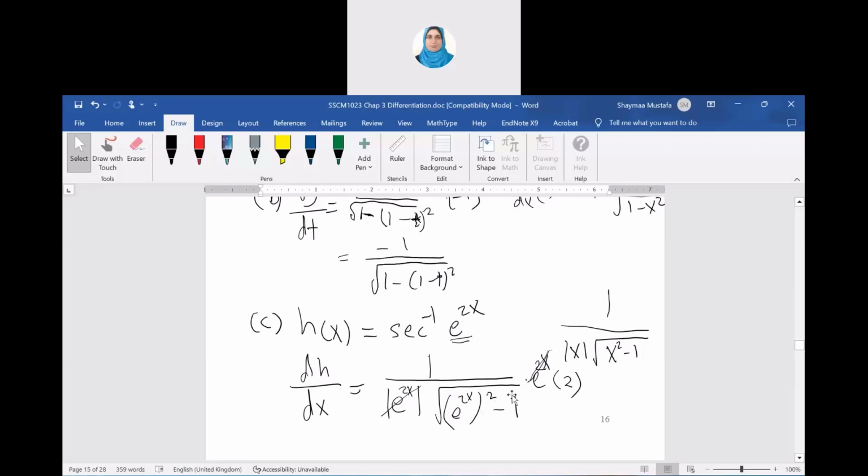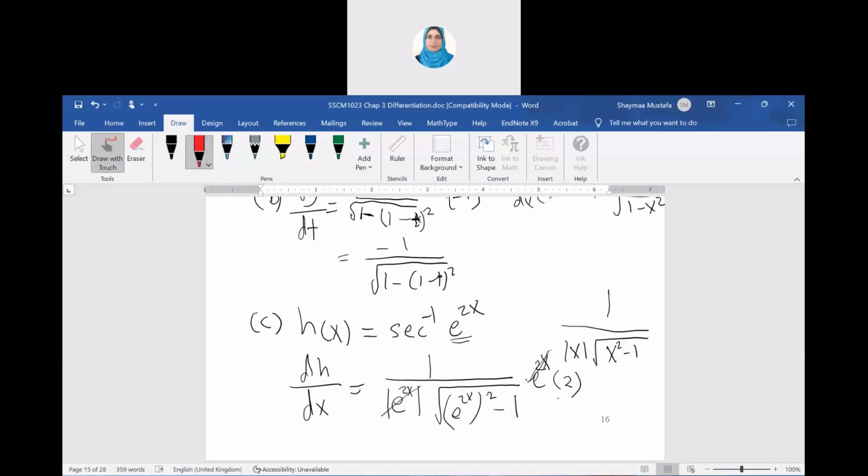So this is the derivative for sec inverse e to the 2x. Now I need to multiply by the derivative for e to the 2x. Exponential function derivative, same function, e to the 2x. Then multiply by the derivative for 2x, which is 2.